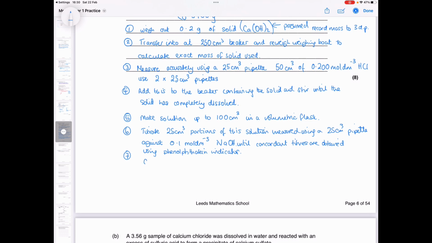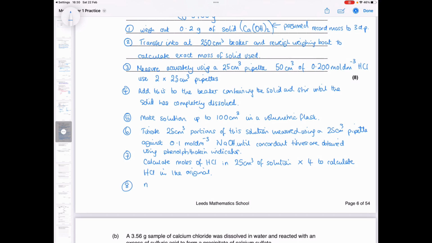And then calculate the moles of HCl in 25 centimetres cubed of solution and multiply by 4 to calculate the moles of HCl in the original.